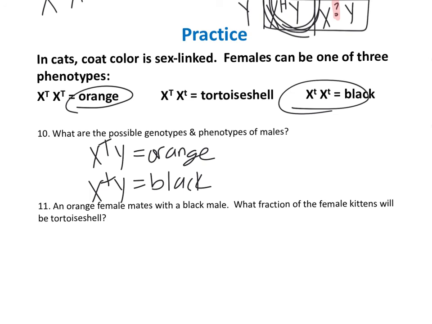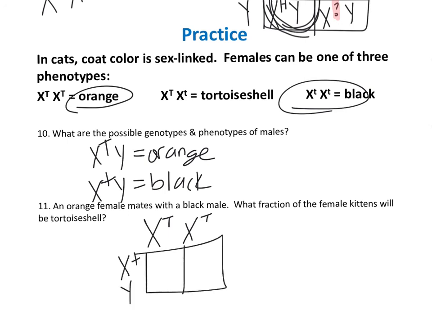Question 11, an orange female mates with a black male. And I am asked what fraction of the females, so I only care about the females, so I'm only going to look here.